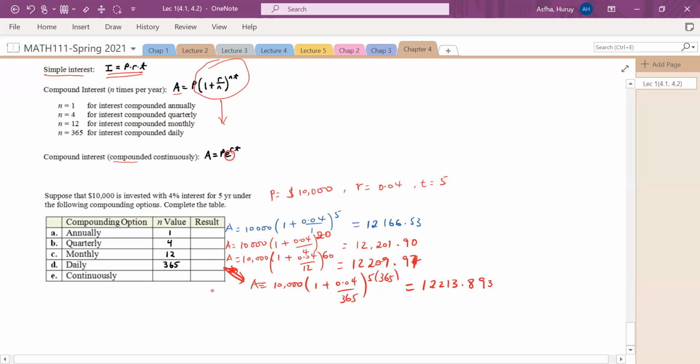And the last one, we will use this formula.